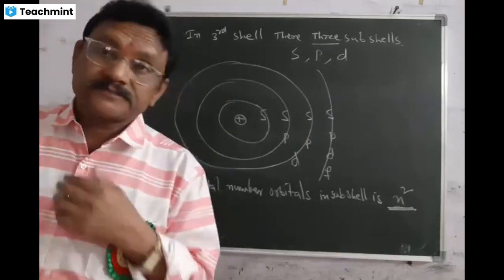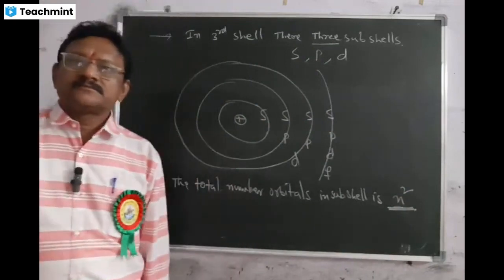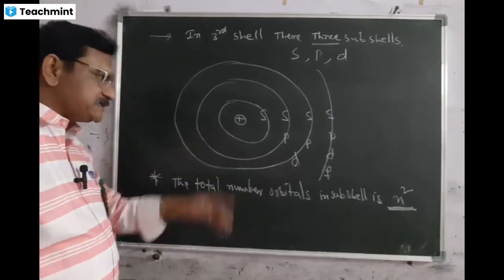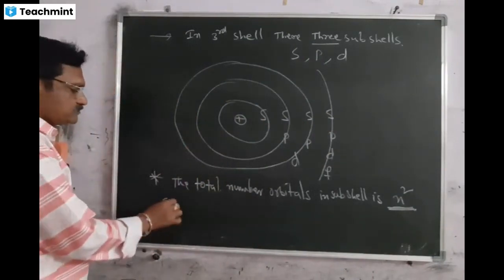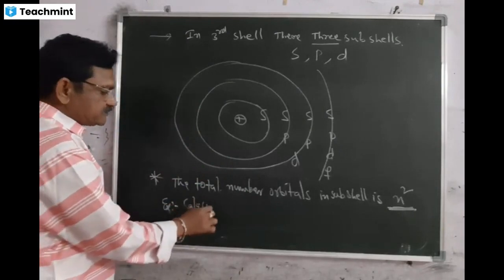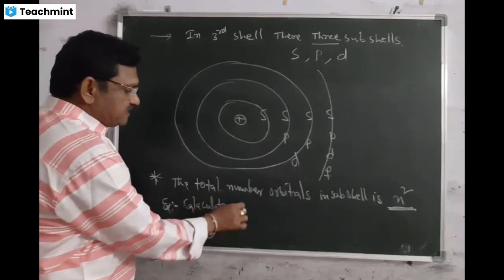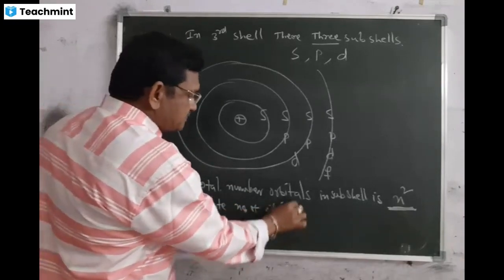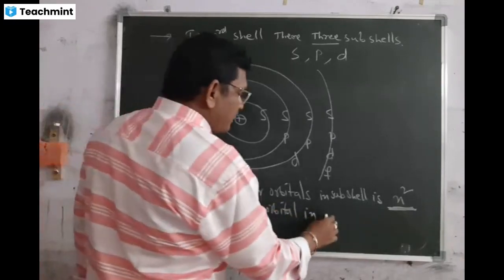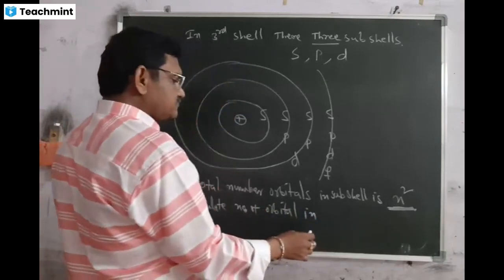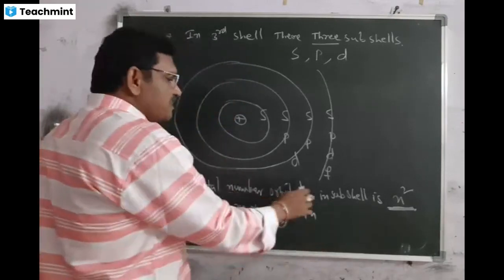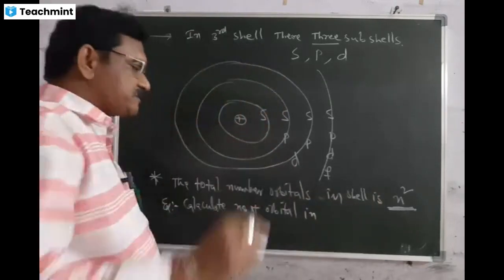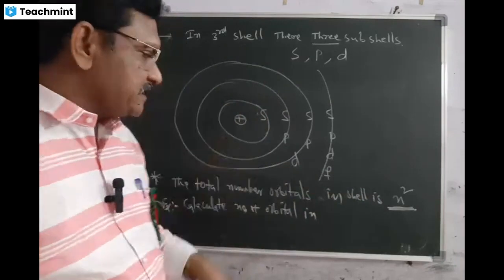Okay, Lucky. Sorry, the total number of orbitals in a shell, not subshell. The total number of orbitals in a shell is n square.